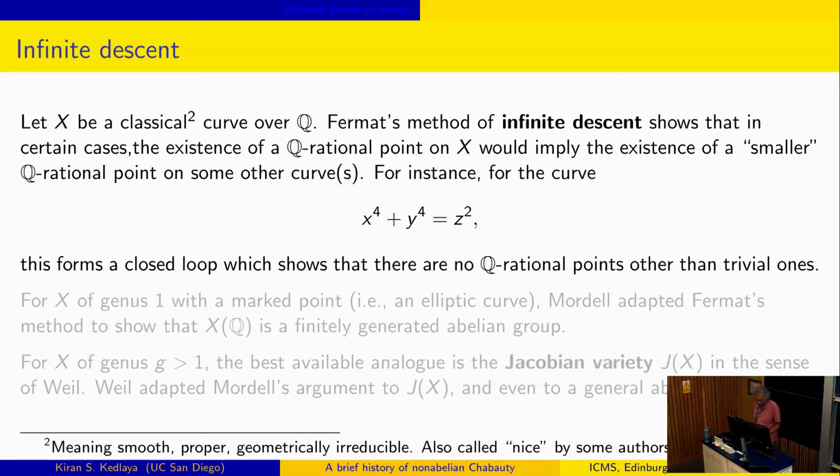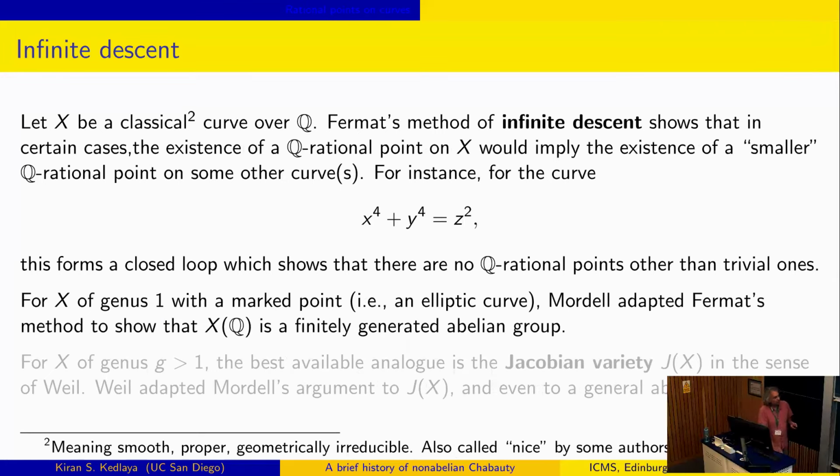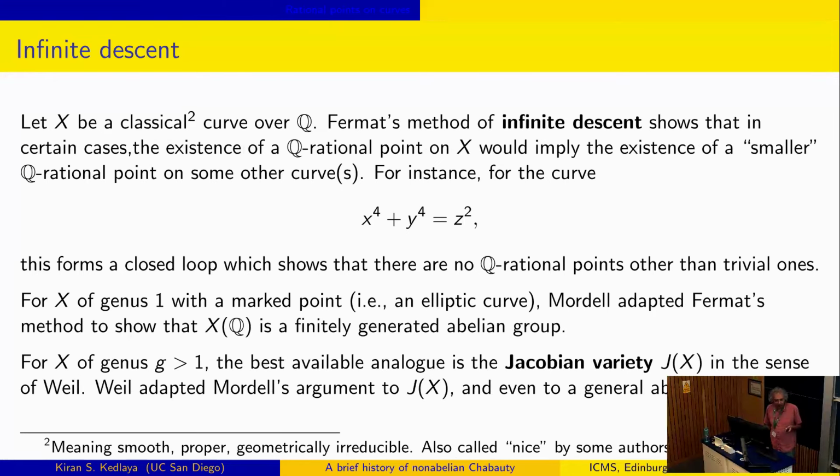Okay. And so this is the idea that Mordell picked up in the earlier part of the 20th century to show that when you have an elliptic curve, a genus 1 curve over Q with a marked point, then the group of rational points is a finitely generated abelian group. And then Weil picked up this thought.